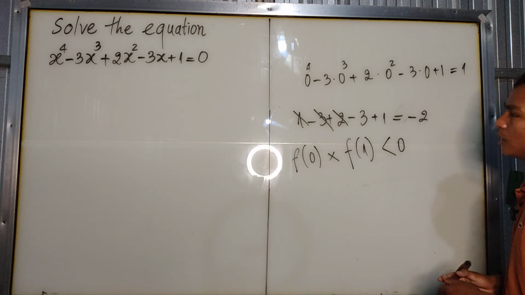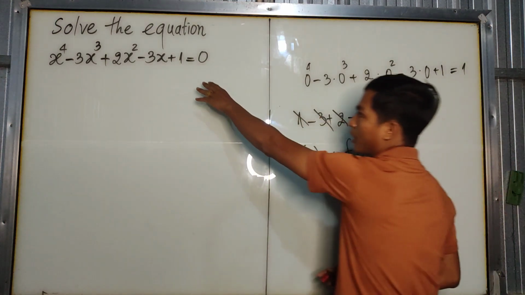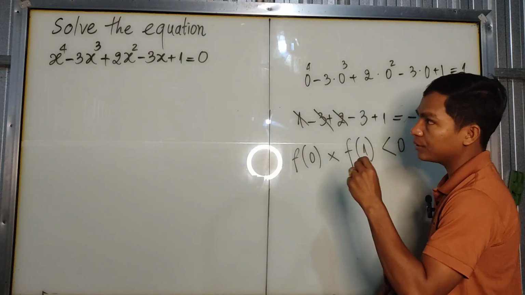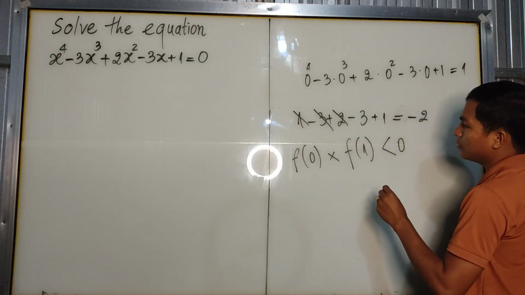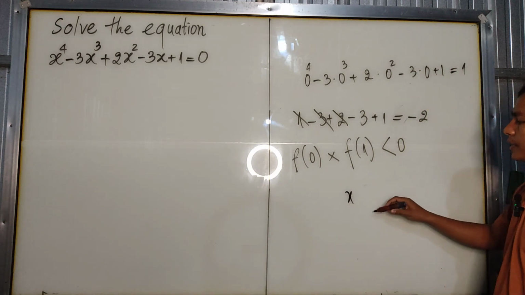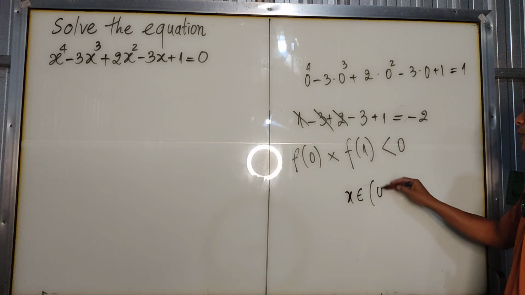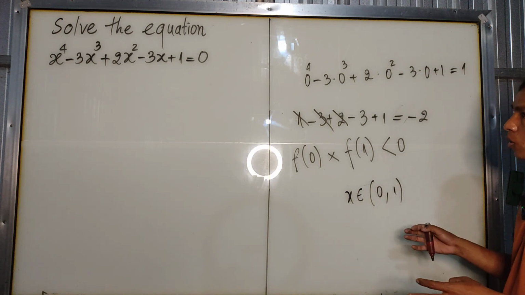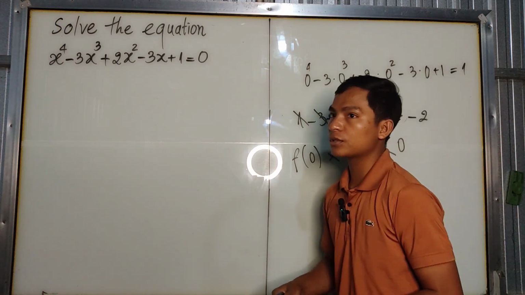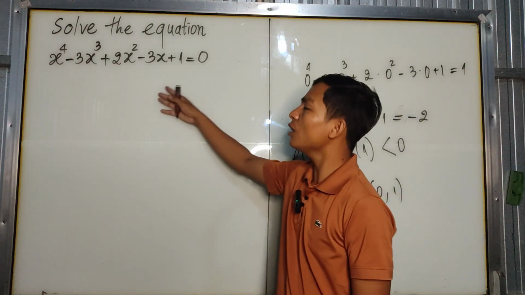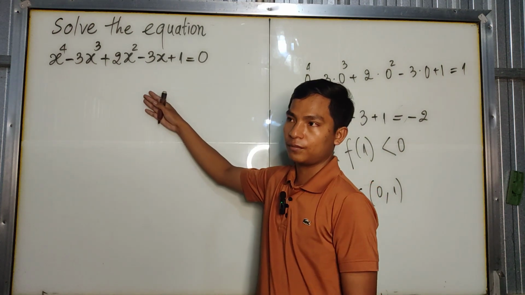So we know that this equation has at least one root of x in 0 and 1. And now, what are the values of x, the solutions of this equation?